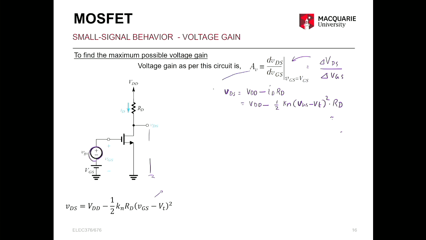So in order to find the voltage gain, we need to find the derivative of VDS with respect to VGS. So if you do that to this equation, what do you get? What is the derivative of VDD with respect to VGS?